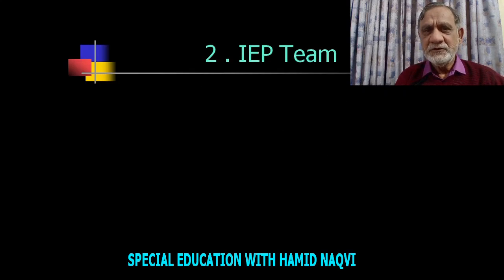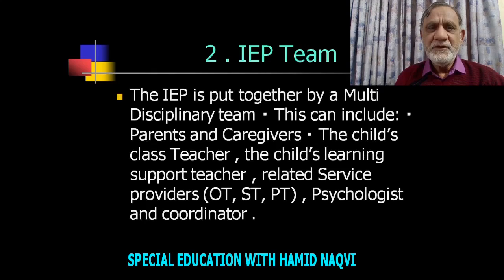Now the second important component of IEP is the IEP team itself. The IEP team is put together by a multidisciplinary team. Any IEP, individualized education plan, is not made by an individual professional, but by a group of people.